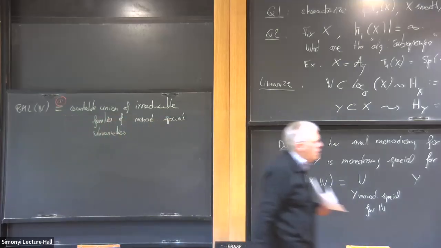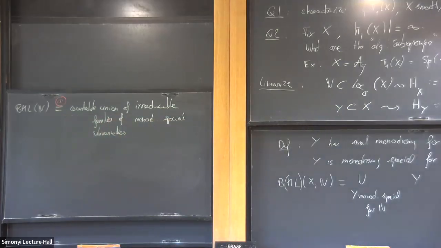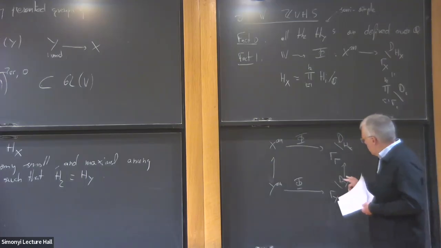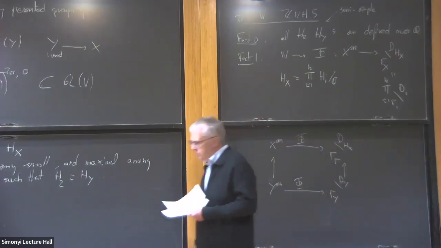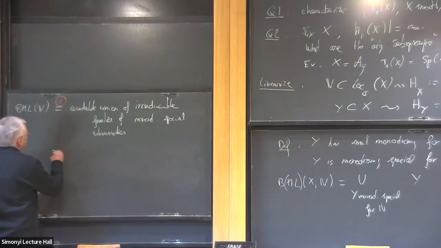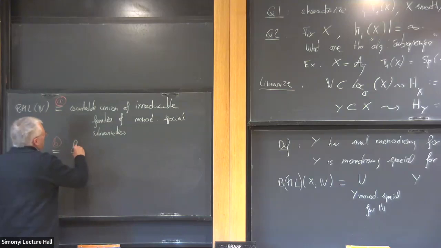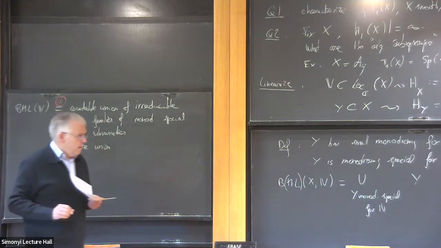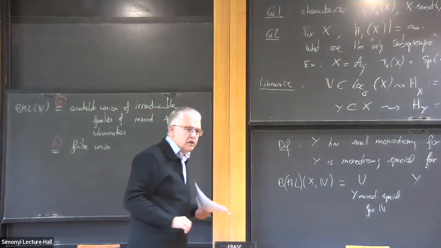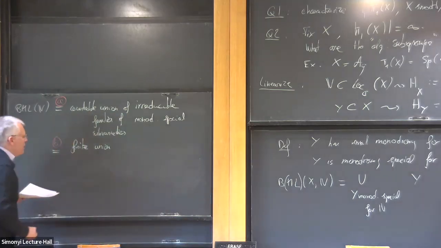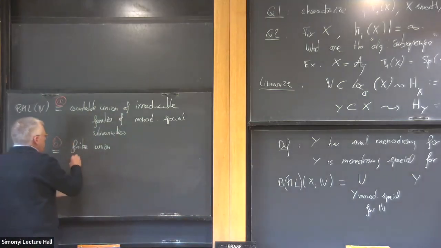Right, because the monodromy special ones will be exactly the pre-image of some such domain, and then depending on the nature of the group of Y, you would get families because you have a product structure there. So let me be more precise. Actually, if you analyze better, what you get is a finite union. You should demand that the monodromy of H_Y is non-zero. Wait a second. It's a finite union of irreducible families.